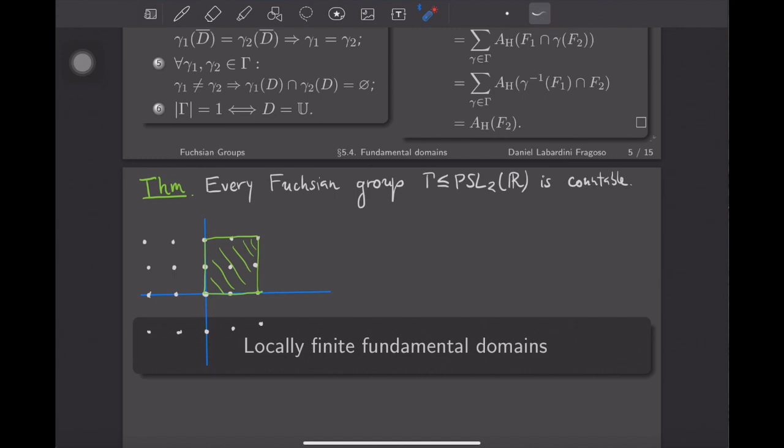So the intersection with each of these squares is finite, and the union of all these squares covers everything, and there are countably many squares. Even if the squares overlap, I don't care. But it's a countable union of finite sets, and so it's countable, right?